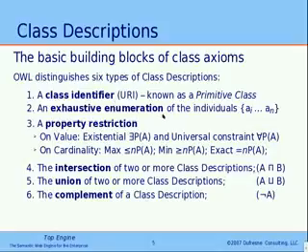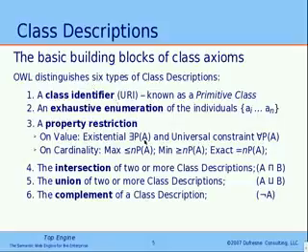Also, a class can be described in terms of an exhaustive enumeration of all of the individuals of the class. So, for example, the class day of the week can be defined as the class that has exactly 7 individuals, each representing a day of the week.